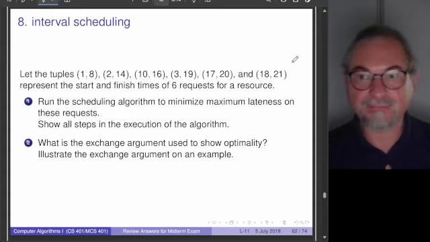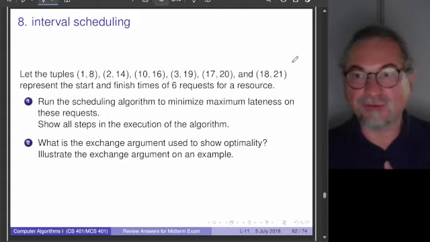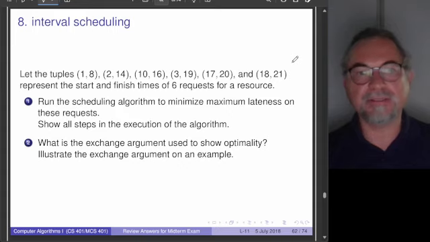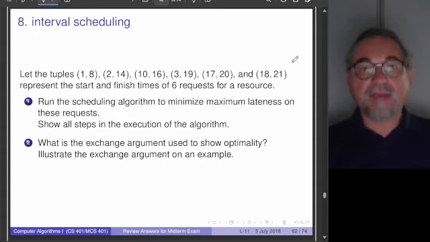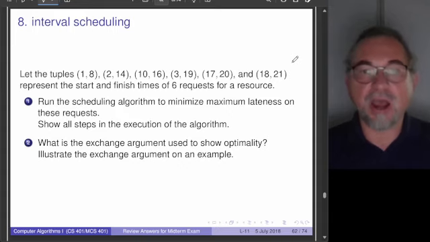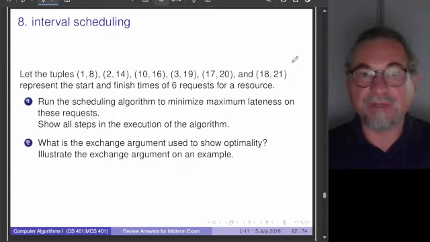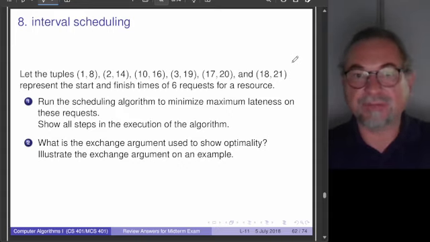Scheduling. Programming in the older sense was often synonymous with scheduling, not so much coding as the more narrow sense is. Okay, we have one resource here, and we have a number of requests, and for each request we have the start and finish time.